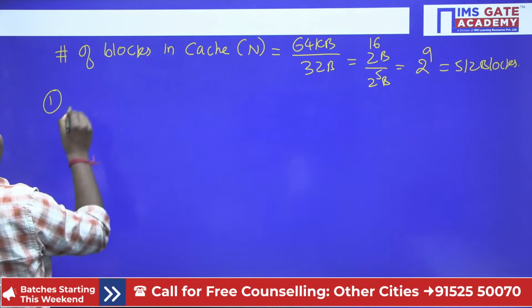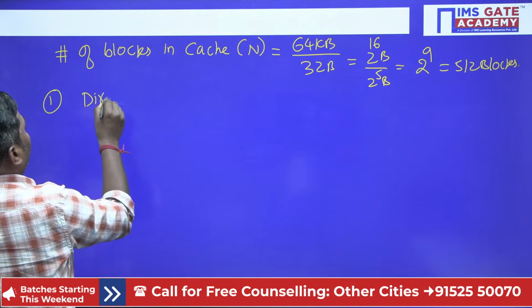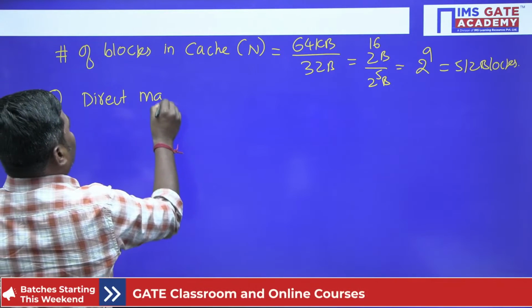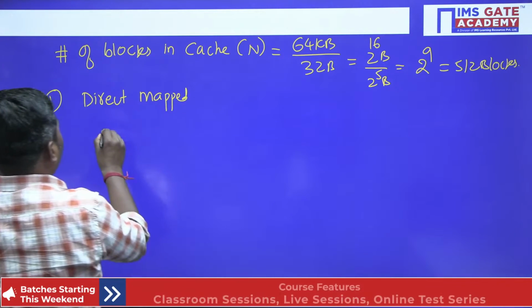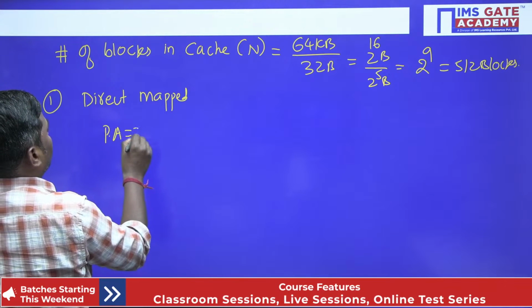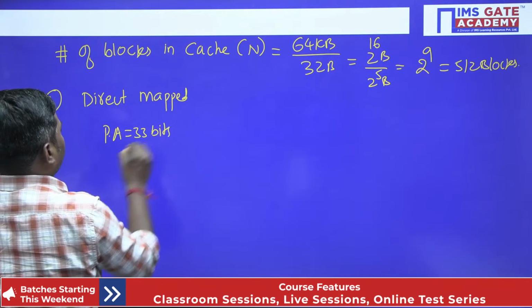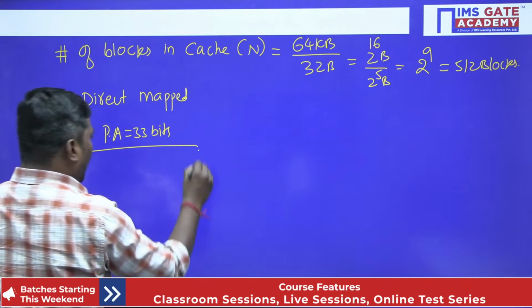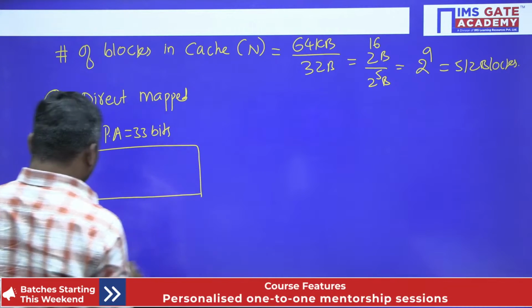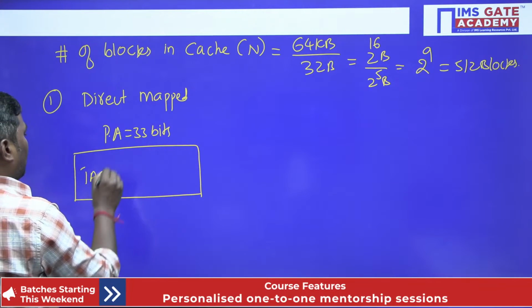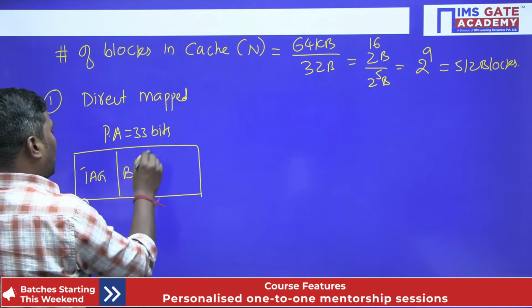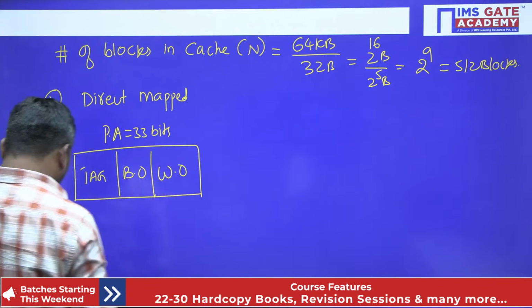Now the first one, the direct mapped cache. What is the physical address we got? Physical address is 33 bits. This physical address is divided into how many parts? 3 parts here: tag, plus block offset, followed by word offset. Yes or no?